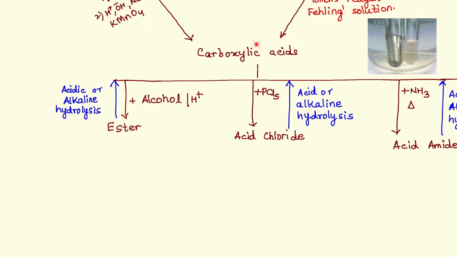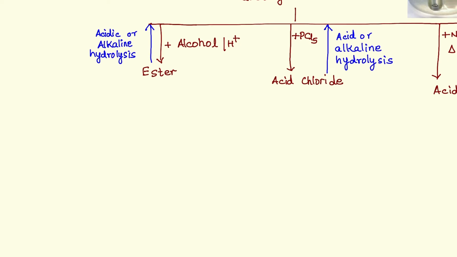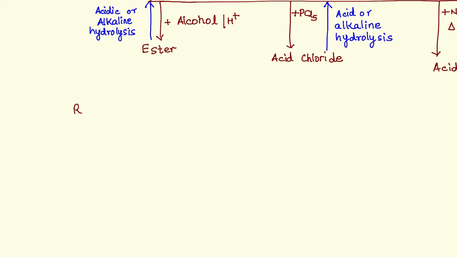Carboxylic acid derivatives. What are the derivatives of carboxylic acids? You have RCOOH. You replace the OH by a halogen, most commonly Cl, and it becomes an acid chloride.